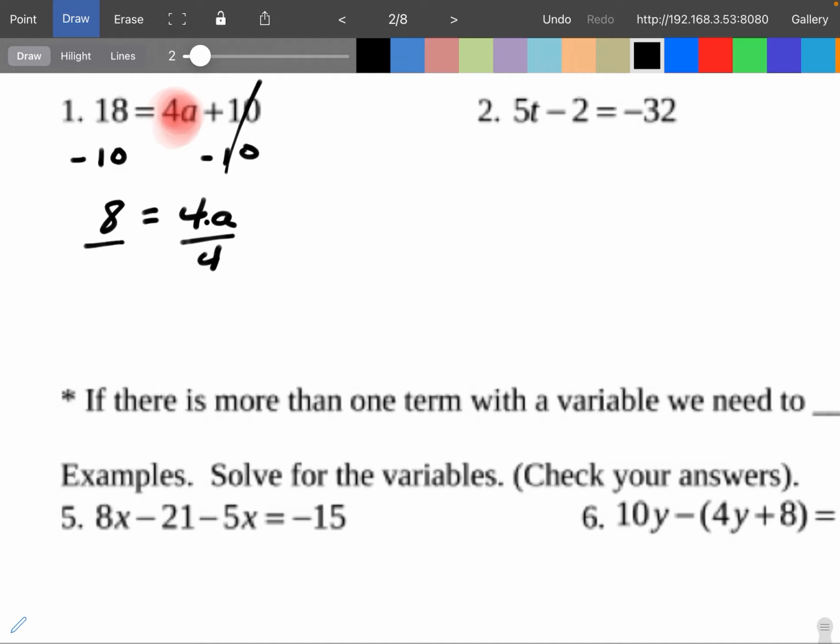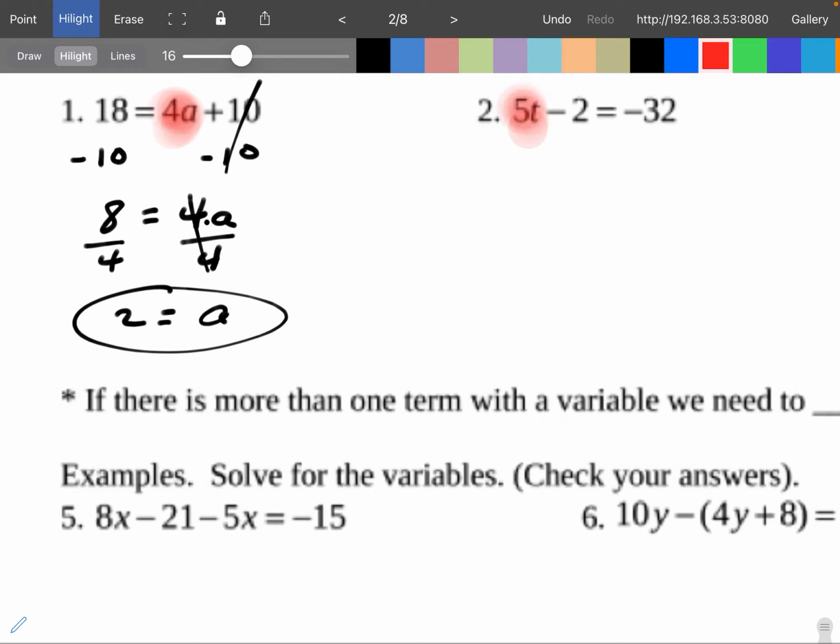So we're just going to divide both sides by whatever number's in front of that variable. Just like yesterday, these are going to cancel out and make a 1. So we're going to get A equals 2. 8 divided by 4 is 2. So that is a 2-step equation. All right, we had to subtract and then divide.